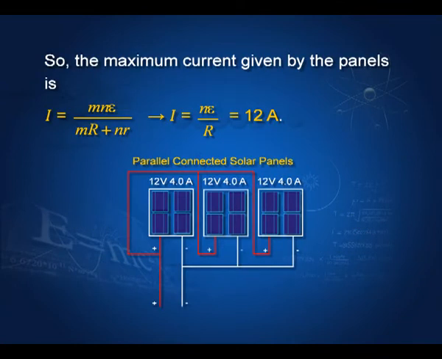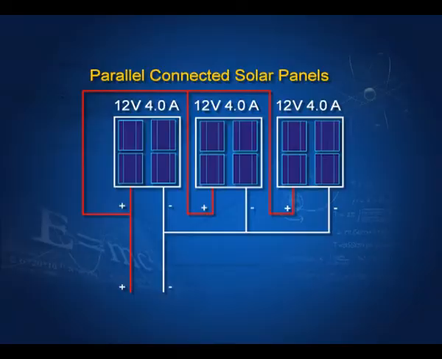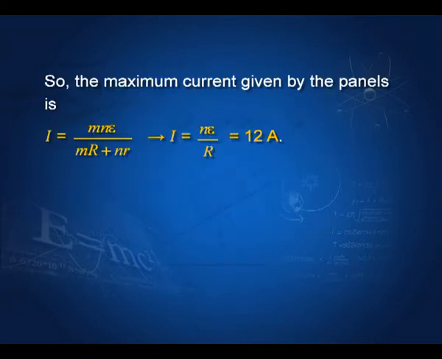So, the maximum current given by the panel is mnε/(mR + nr), the formula that we derived earlier for the mixed grouping, and since the internal resistance is very small, this comes out to be n times the EMF of one panel divided by R, and this is equal to 12 amperes. Because each gives 4 amperes, 3 of those will give you 12 amperes.